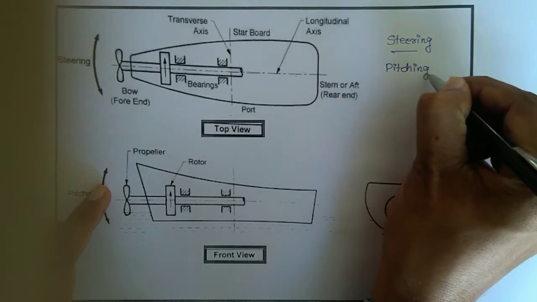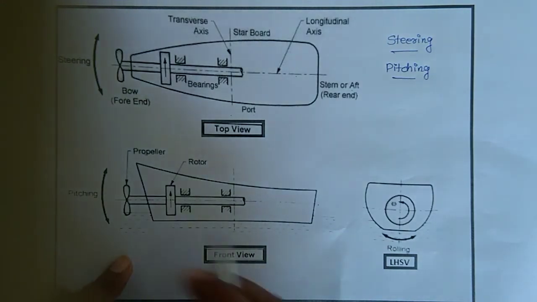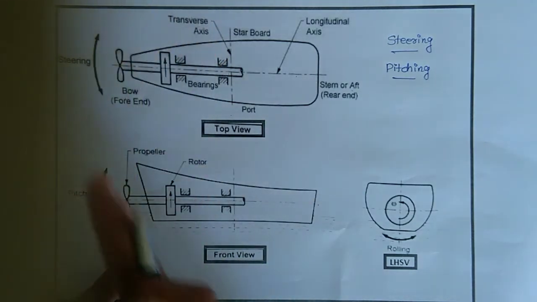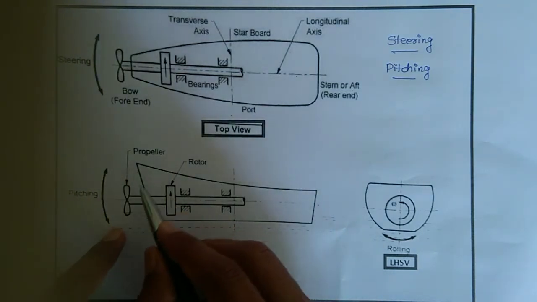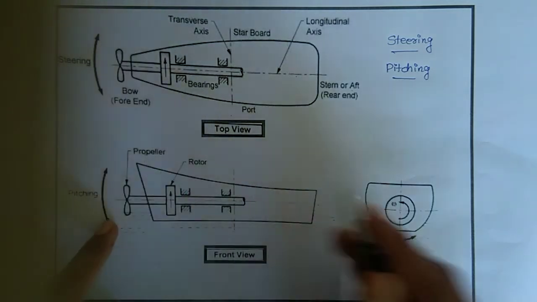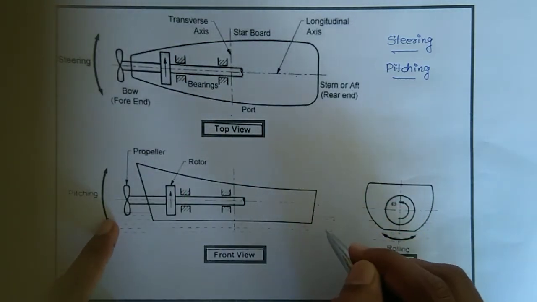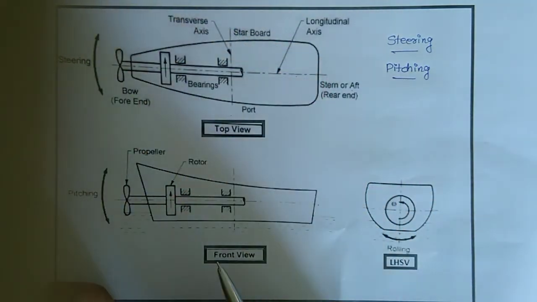Now the second term we consider is pitching. Pitching is a cyclic upward and downward motion. If we see the front view, the fore end goes in an upward direction, and because of that our rear end goes in a downward direction. This is known as pitching.